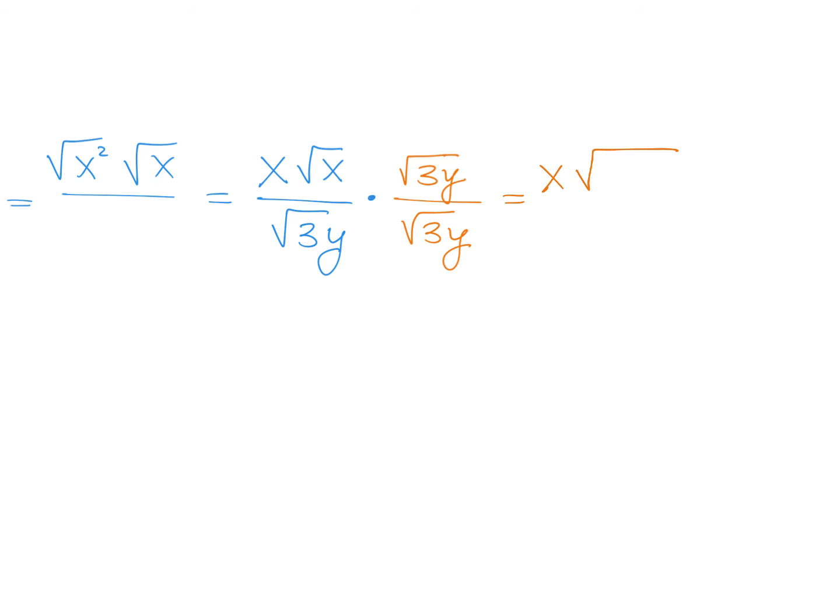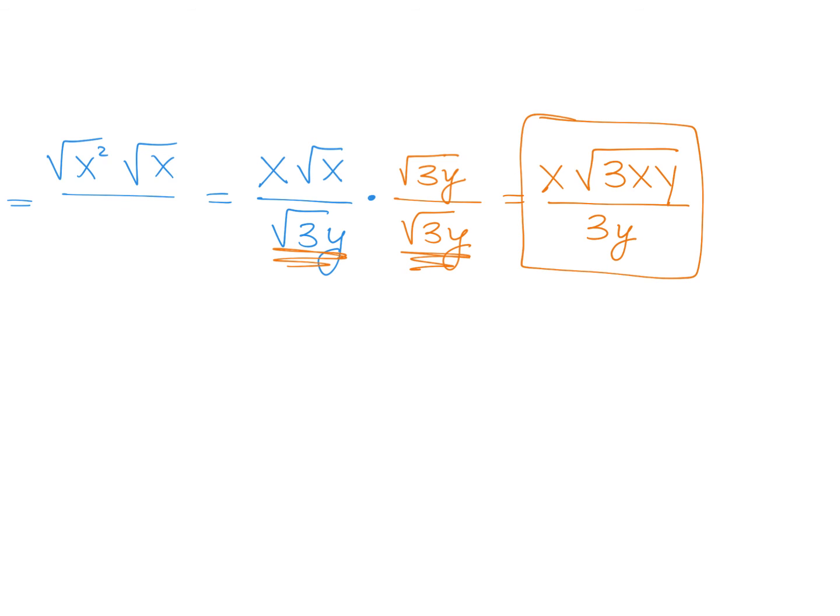You just multiply all the pieces, put it in alphabetical order is typically what they say. So the square root of 3xy over 3y. Ditch the radical, right? Because we're taking a radical times itself, so it's just going to be 3y, and that is your answer. Any questions on that?